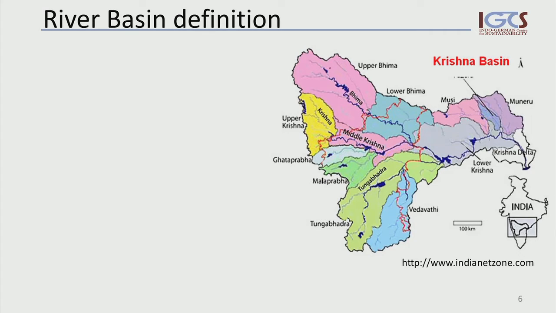Now, let's set this aside, but keep it in mind, and let's start from the basics. We first of all have to define the term river basin, and I'm showing here an example of a river basin. This is from India, as you can see on the map here, the Krishna Basin.